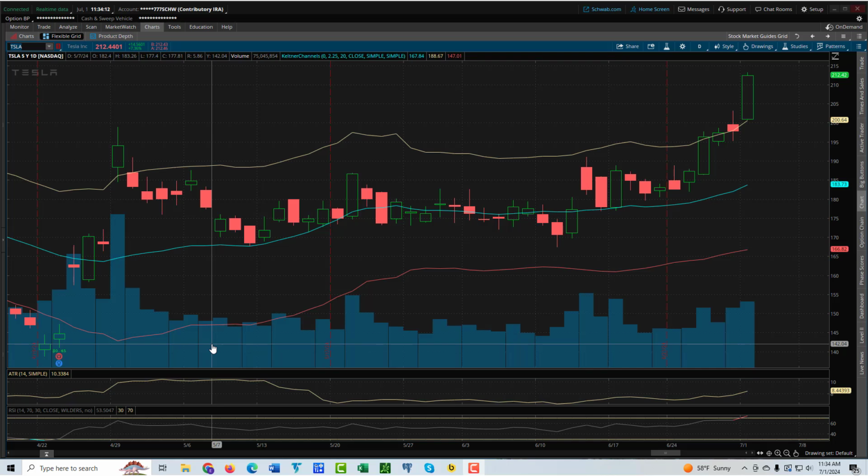Now, like I say, you can never tell what's going to happen next in the market, and it can be hard as a trader to know whether or not a given level of resistance is going to be meaningful, whether it's going to hold. What we do at Stock Market Guides is we give you information about what's happened historically for a given stock.